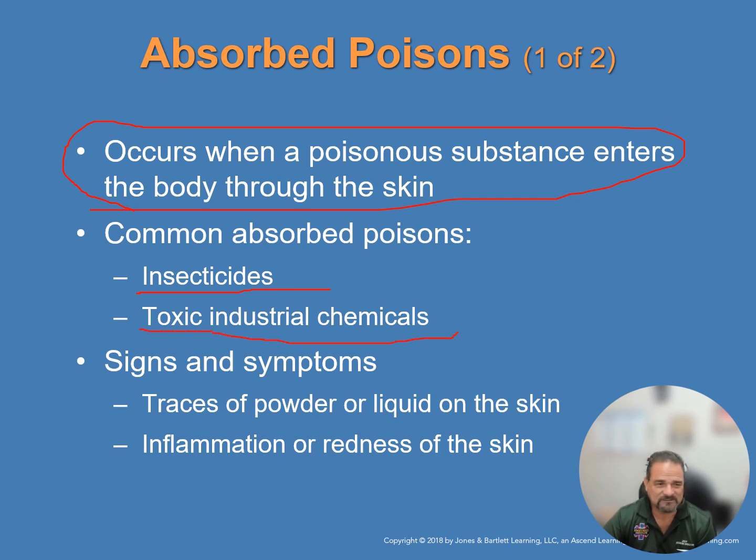Primarily, the signs and symptoms do vary or range. You may see traces of powder if it's a dry powder on the skin. You want to make sure to brush all that powder off as quickly as possible, and then flood it with a lot of water to rinse it off. Then you may also see inflammation or redness of the skin as well.